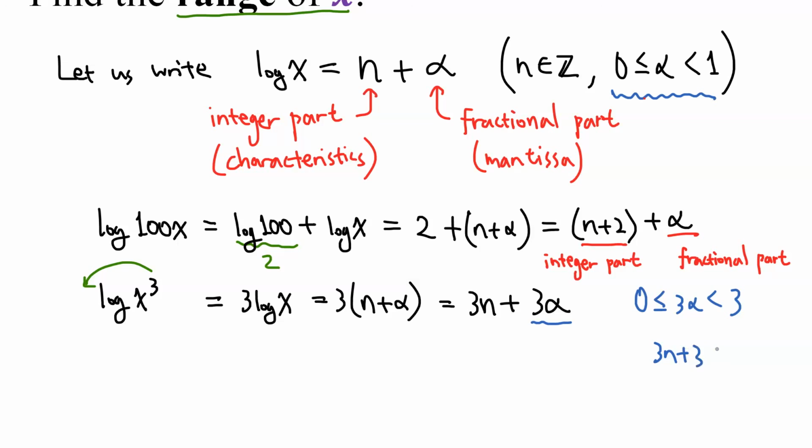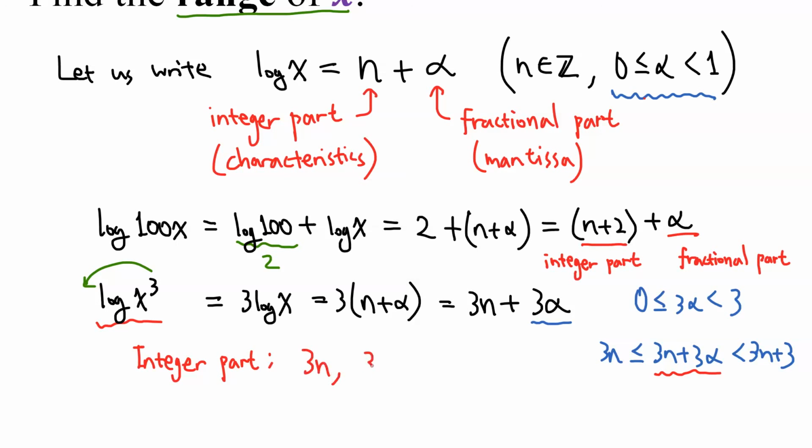So this entire 3n plus 3 alpha is equal to or greater than 3n and less than 3n plus 3, meaning that log x cubed can have an integer part of either 3n, 3n plus 1, or 3n plus 2. Therefore, we have to divide the cases for 3 alpha right here.